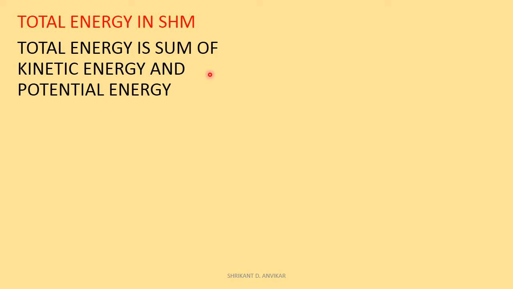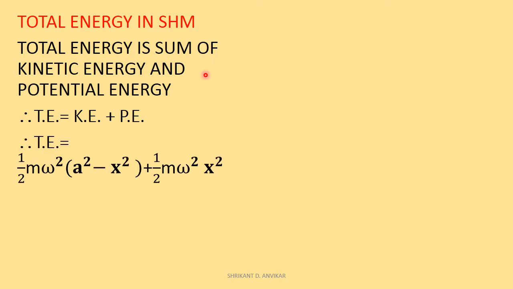Total energy of the particle is the sum of kinetic energy and potential energy. Now kinetic energy is given by the formula 1 by 2 m omega square inside the bracket a square minus x square. This is kinetic energy. And potential energy is 1 by 2 m omega square x square.